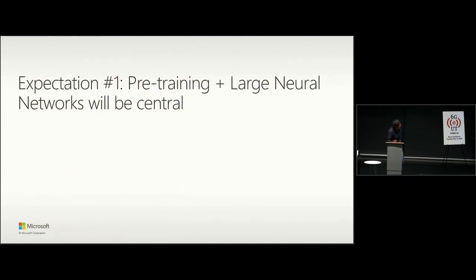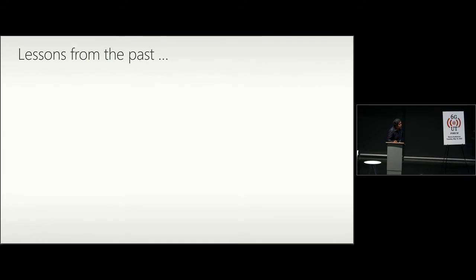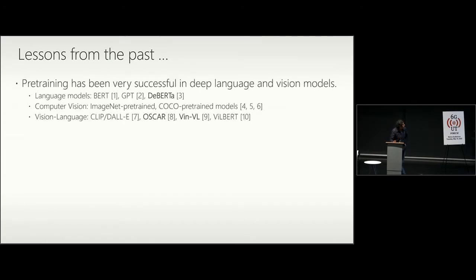So the first expectation is that pre-training and large neural networks will be central, right, to many of the applications that you call pervasive sensing. And the reason that I say so is we have to look at the history. If you look at some of the recent advances in, for instance, computer vision and natural language, they have moved towards this model of what they call pre-training, where the idea is that you have these pre-trained networks, large neural networks that are trained using self-supervised techniques.